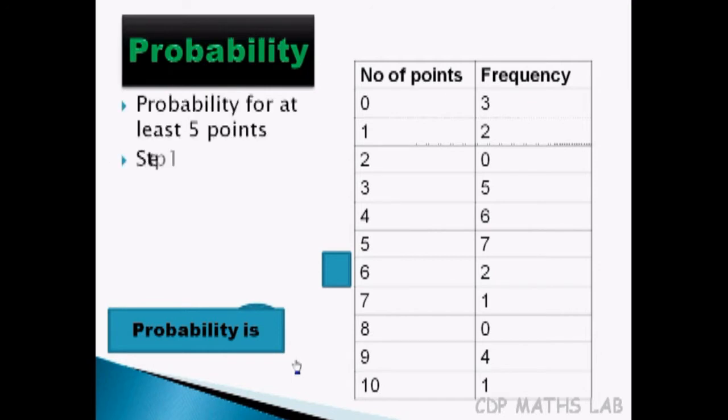So we're going to part 3. Now find the probability for at least 5 points. How many teams will get at least 5 points? Now remember that the word at least here means that they can get 5 points or more. So step 1.